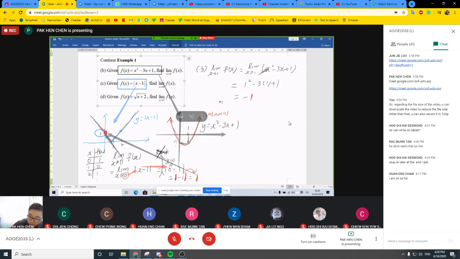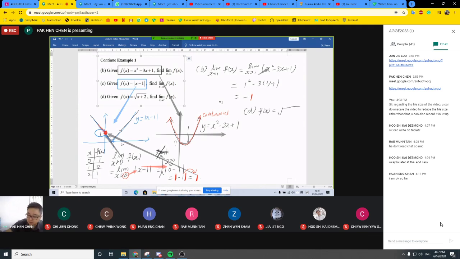So, how about part C? For this square root of x plus 2, if you learned before, it has -2, and the graph should be drawn in this format. Okay, y equals square root of x plus 2.